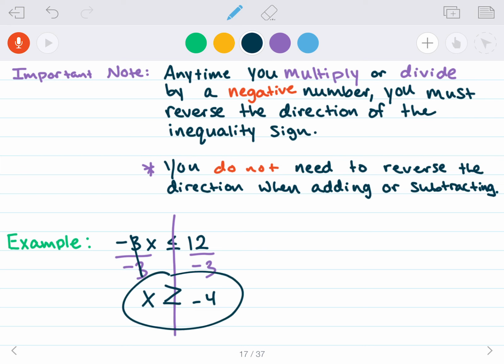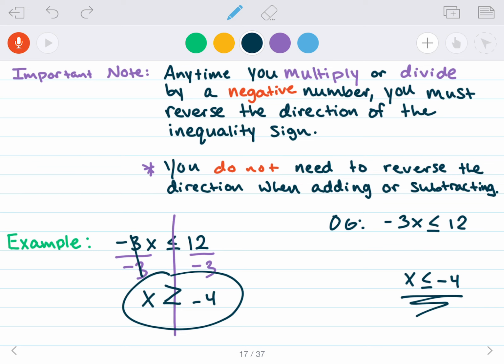Okay, so what would have happened if I didn't flip that inequality sign? Well, my original inequality was negative 3x is less than or equal to 12. So what would have happened if I just divided both sides by negative 3 without switching? I would have gotten x is less than or equal to negative 4, right? Without flipping it, which is the wrong thing to do. And why is it the wrong thing to do? Because what this says is that anything that is smaller than or equal to negative 4 should satisfy this original equation.